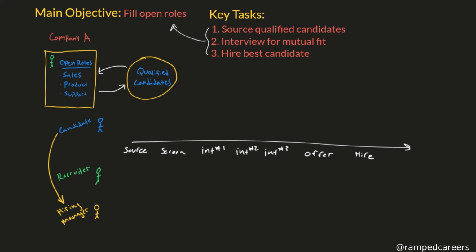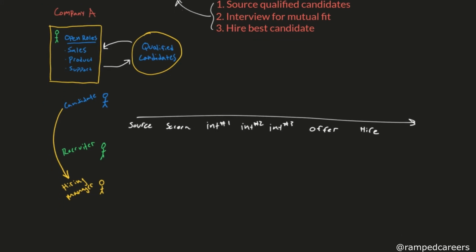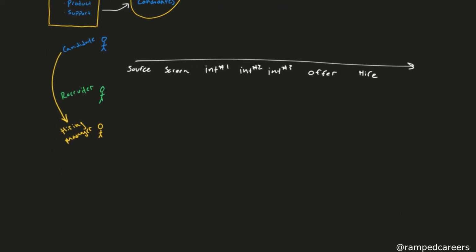Now, a couple of the people we're going to add in here before we go any further, on the hiring team side, as I'll call it, is we're going to have some influencers. So the influencers are going to be other team members, other managers that are going to help to screen or interview, vet the candidate along the way. So we'll call all these influencers.